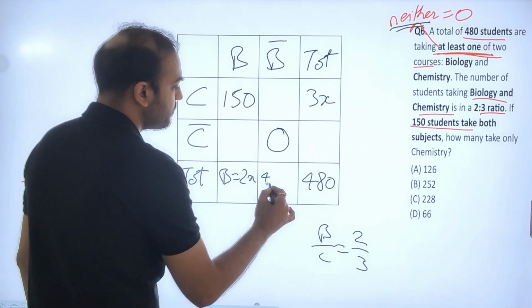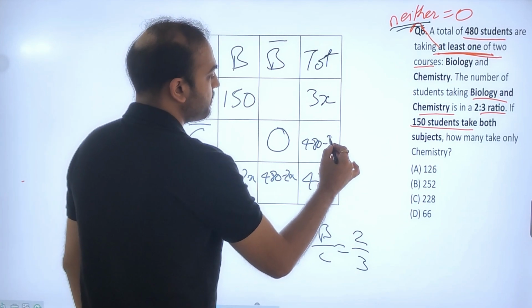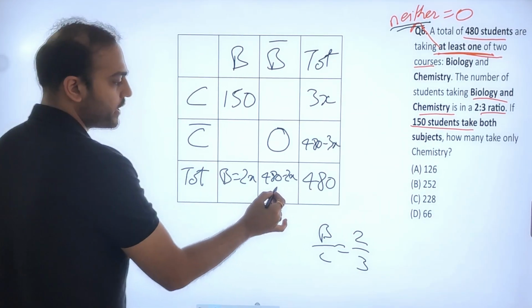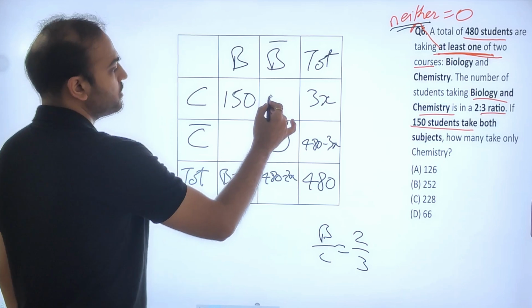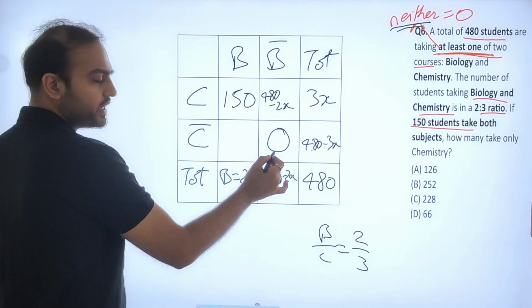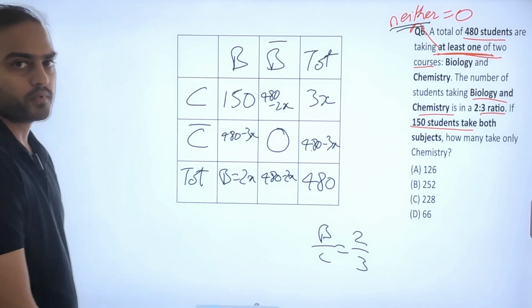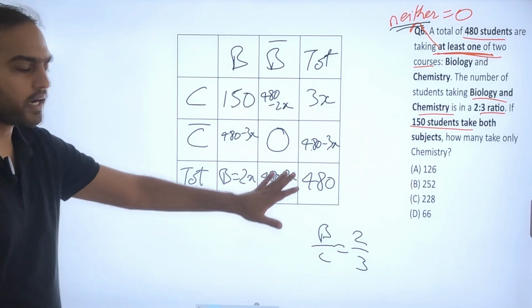This I can write as 480 minus 2x, 480 minus 3x, 480 minus 2x minus 0. That's again 480 minus 2x, 480 minus 3x minus 0, 480 minus 3x. So we have completed our table.